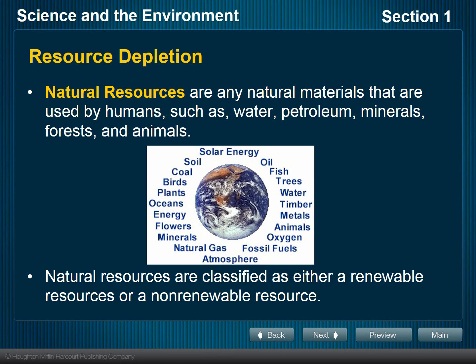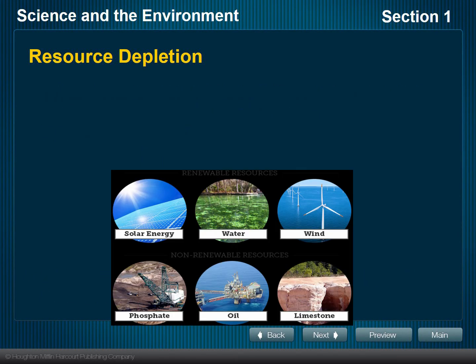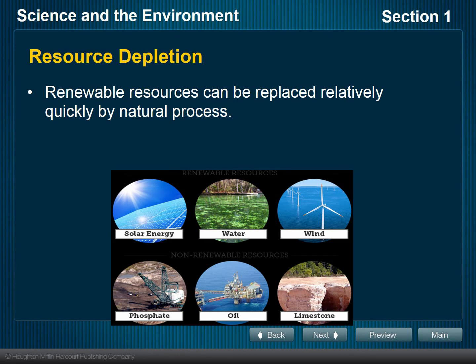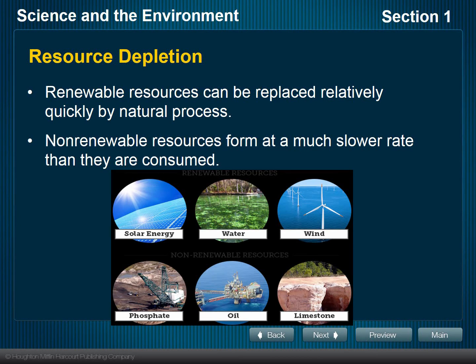Natural resources are classified as either renewable resources or non-renewable resources. Renewable resources can be replaced relatively quickly by natural processes. Non-renewable resources form at a much slower rate than they are consumed.